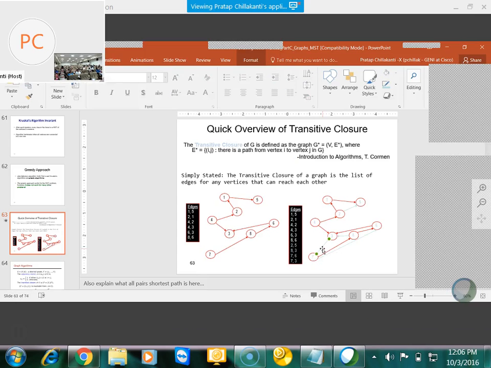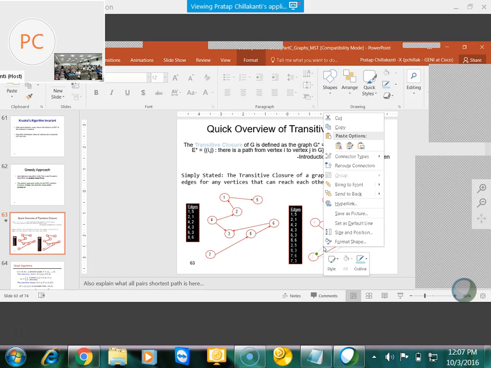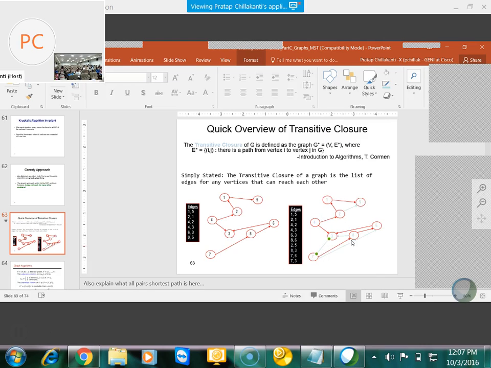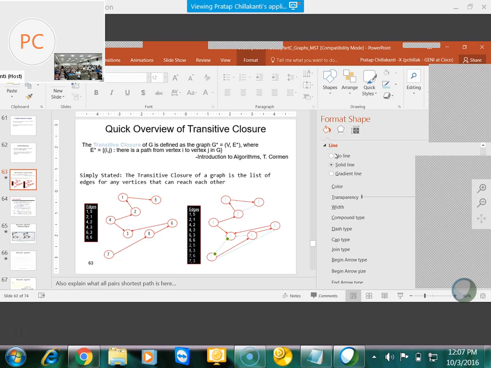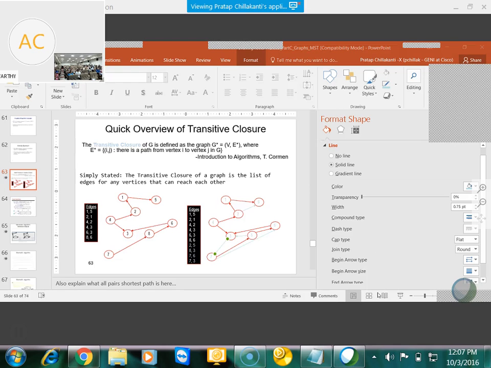Let me make that dark here for a second. How do I make that dark? I need to go to format shape, color. I'm not able to do the editing here, but do you see that light line there from 7 to 3 in the graph? If you do, then I don't have to worry. Color, compound type, joint type. There it is, color.